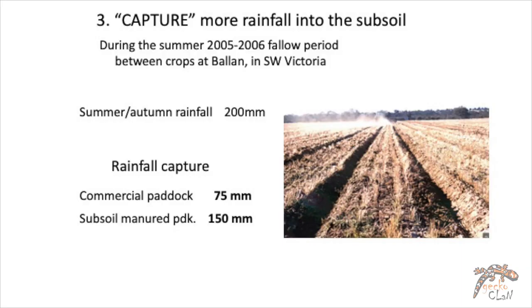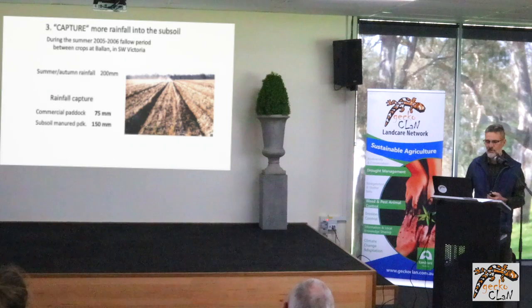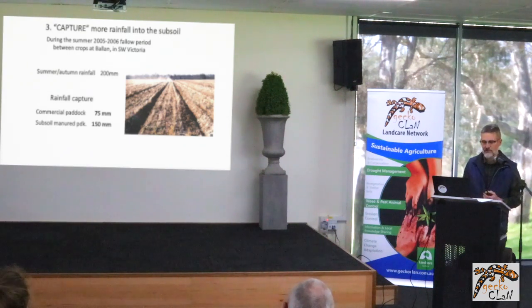Okay, so what we did was measure how we captured more rainfall. Over summer and autumn there was a couple of hundred millimetres of rain, and the commercial paddock captured 75 millimetres, whereas the subsoil manure captured 150 millimetres. So double the amount of water infiltrated into that subsoil.